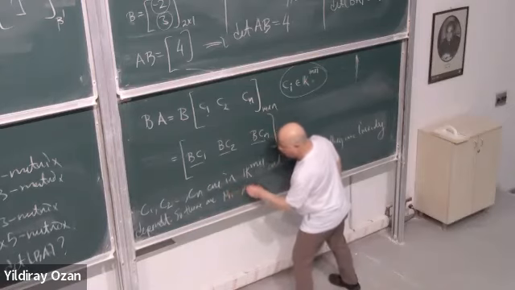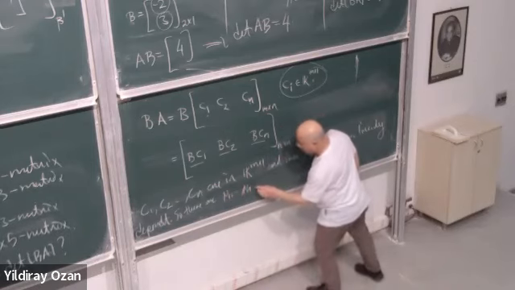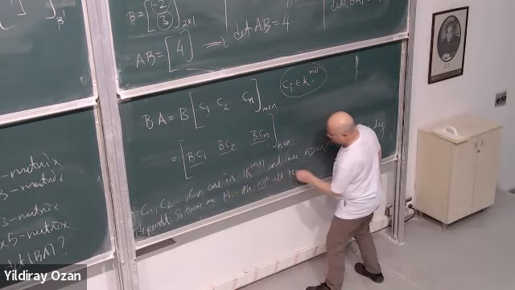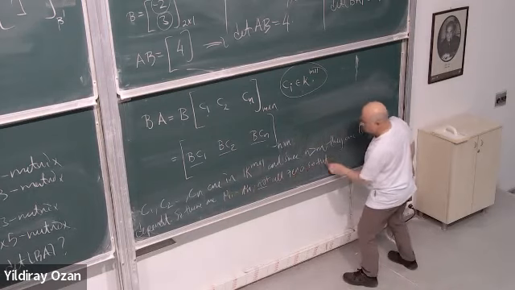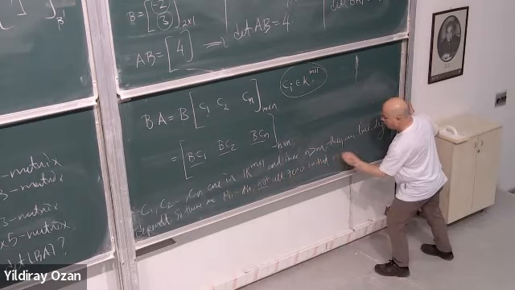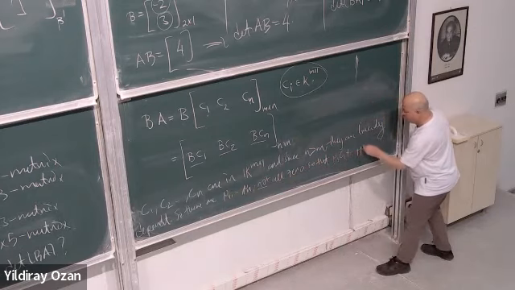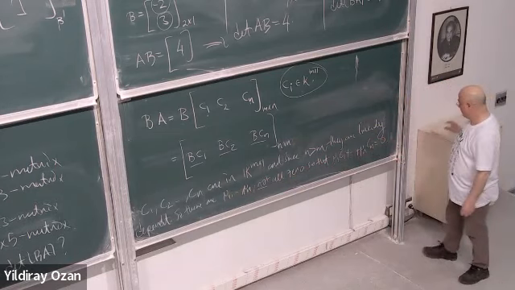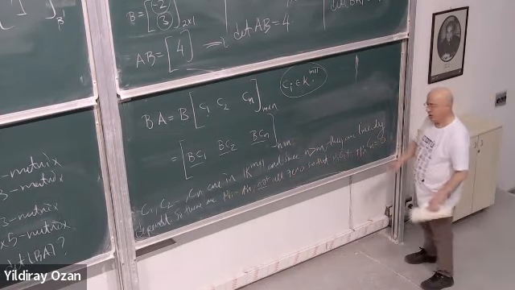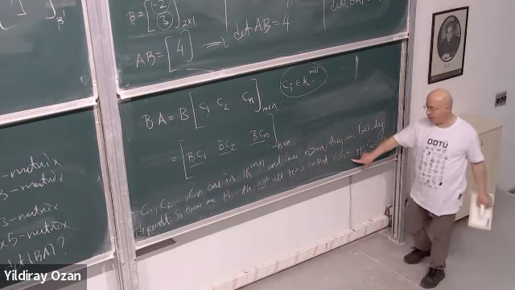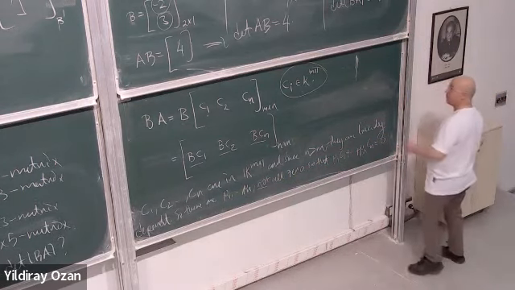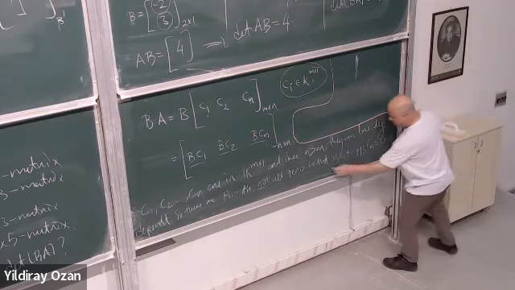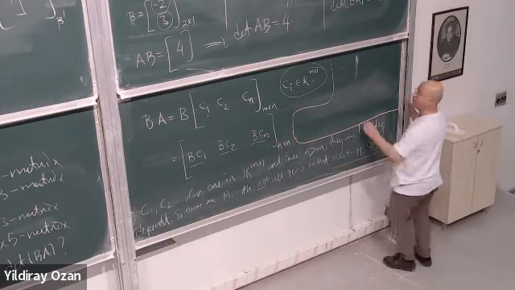Mu1, mu n, not all zero, so that mu1 C1 plus mu n Cn is just zero. But if you just hit this guy with the matrix B, şuraya yazayım. Right, take this and hit this guy with B.